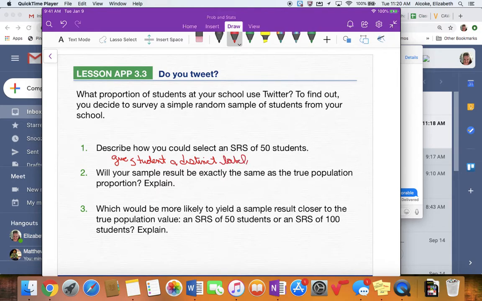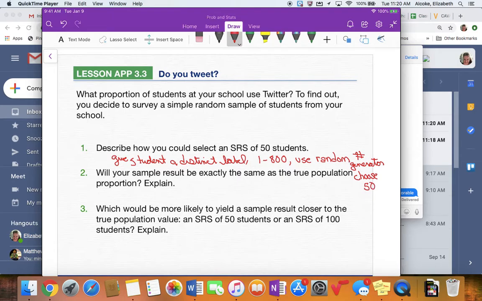Then, say from 1 to 800, use a random number generator and choose 50. I'll show you a random number generator.